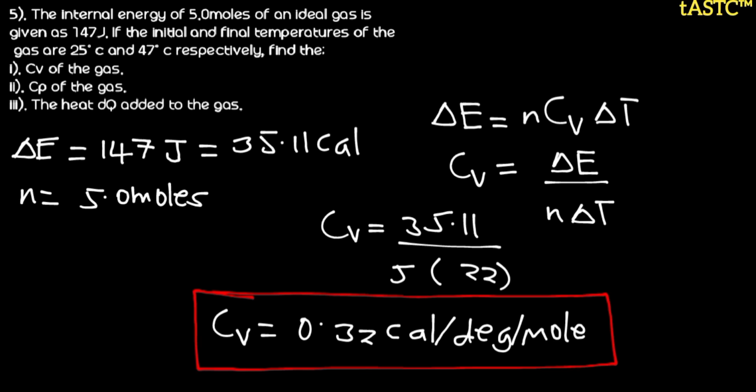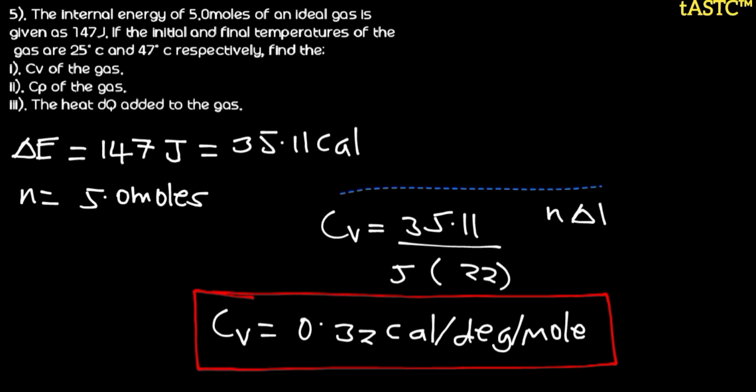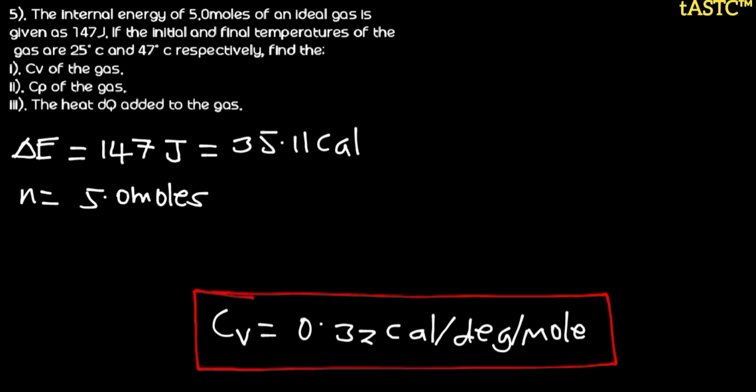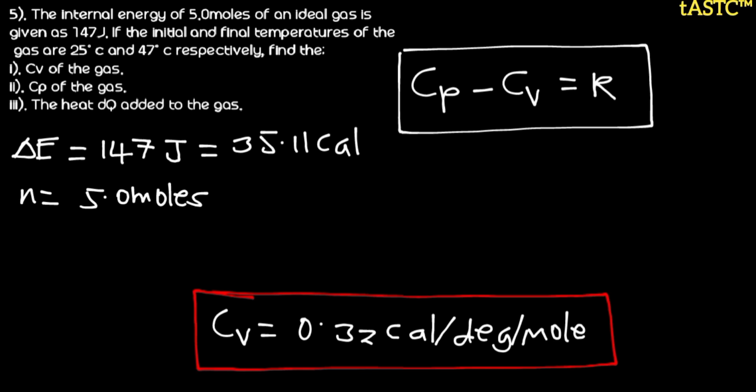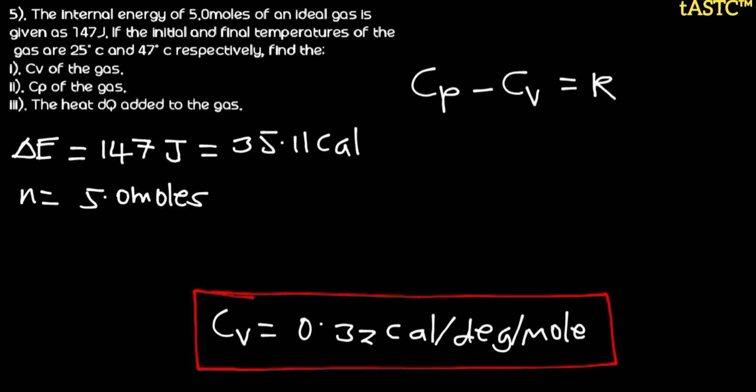Next up, we need to find what will be C sub P. How can we find C sub P? Now we know that C sub P minus C sub V is equal to R. We have actually made a video that completely explains this derivation. And if you have not gone through that video, I would recommend that you go through it.